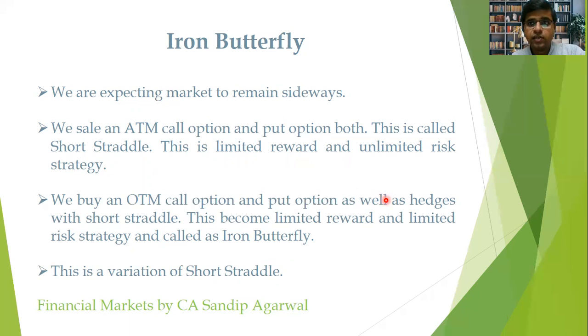These are treated as the hedge. So when we are buying the hedge on both sides of the short straddle, that strategy is called an iron butterfly, and it gets converted from limited reward and unlimited risk to a limited reward and limited risk strategy. This is a variation of the short straddle only.